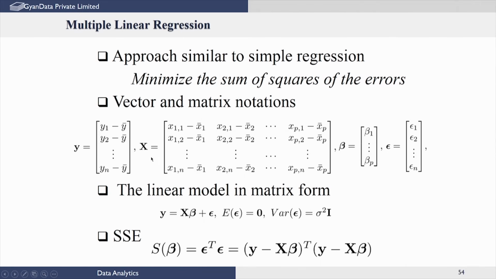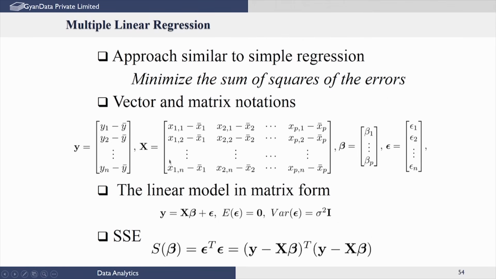Similarly, we will construct a matrix X where the first column corresponds to independent variable 1. Again, what we do is take the sample value of the first independent variable and subtract the mean value of the first independent variable.